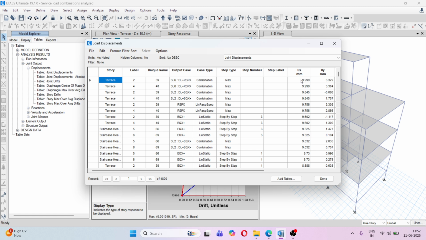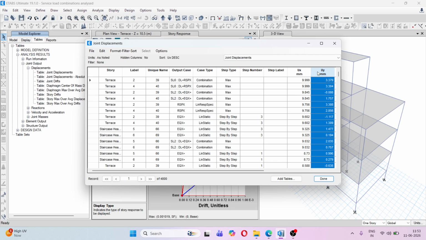We can see here the maximum displacement in x direction is 9.99 mm, and that is for the load case dead load plus response spectrum x direction. So the response spectrum has given more displacement plus dead load, that is our sixth case. So the maximum deflection of the building is 9.99 mm, and let's see what it is in y direction.